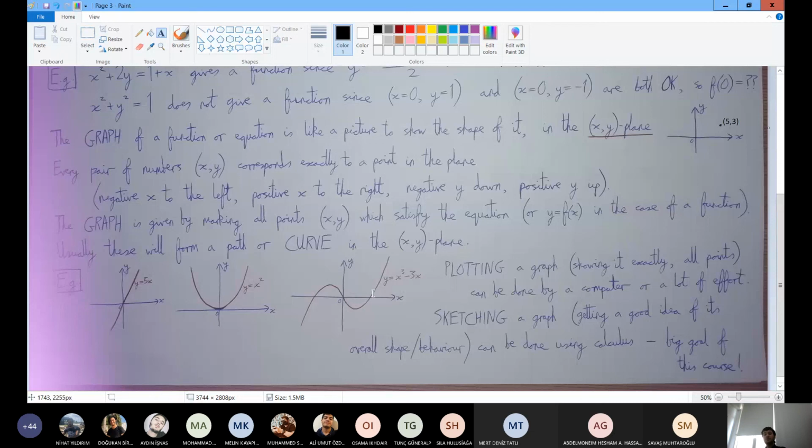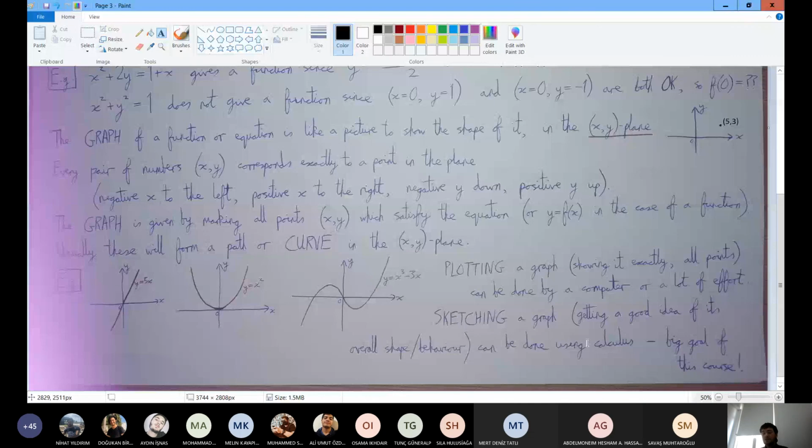Or a function is continuous if its graph looks like blah, blah, blah. So you can define things using formulae and algebra, or you can define things using pictures and graphs. And it's good to have this correspondence to understand that every property of a function, every property of an equation can be shown somehow in a picture, in a graph. And that's one of the big goals of this course, to understand all these connections.